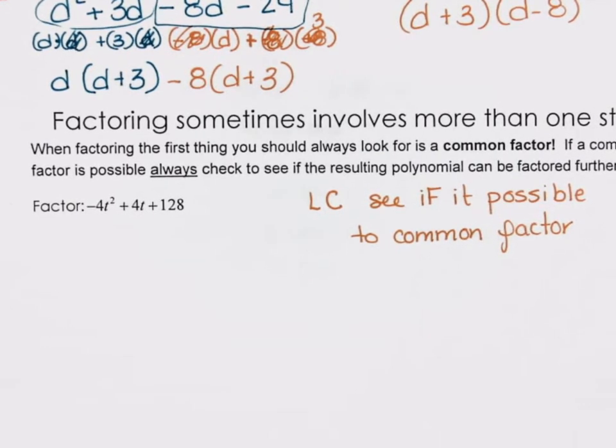Do you get LC, are you guys okay with that abbreviation? I'm saying that for leading coefficient. I do a lot of abbreviations in math just because I'm kind of a lazy writer. So if that doesn't work for you, make sure you write it all out.